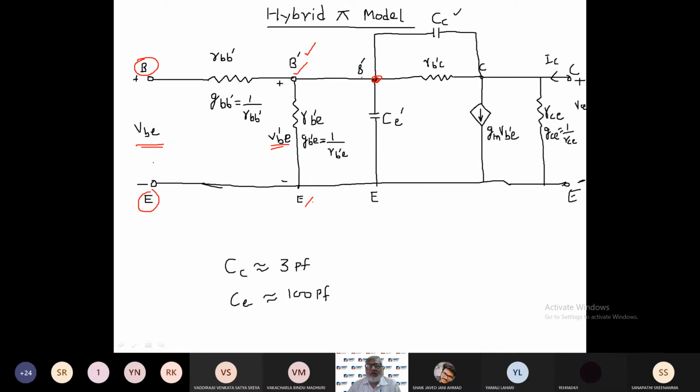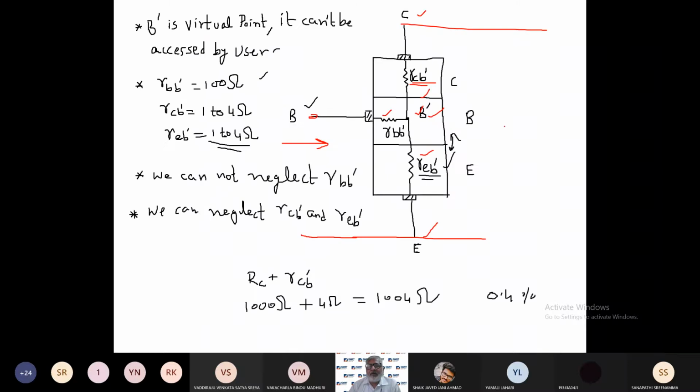Now here we come to this B dash terminal. So now already we know that, see, this is a transistor, right? This is a transistor like N, P, N, and we know that at the junction due to the depletion layer, one capacitance will also form. So this is my CE capacitor, and same way you will find a capacitance which is formed between collector and base terminal, right? Here also you will find one capacitor, right?